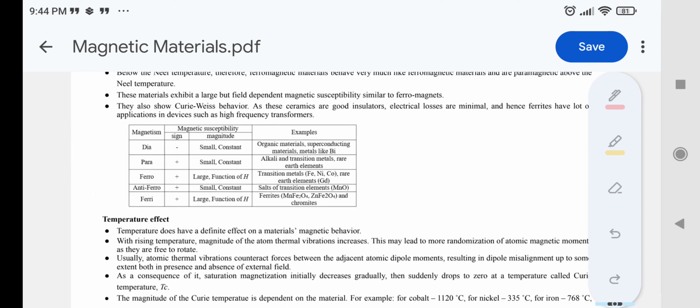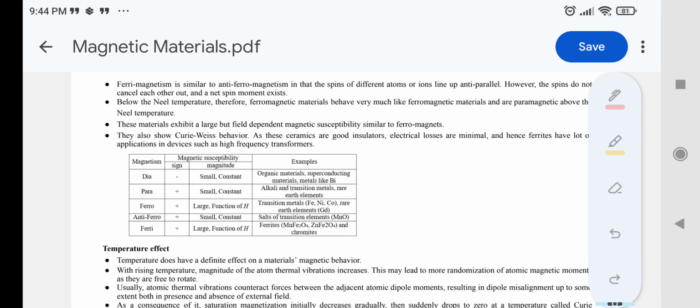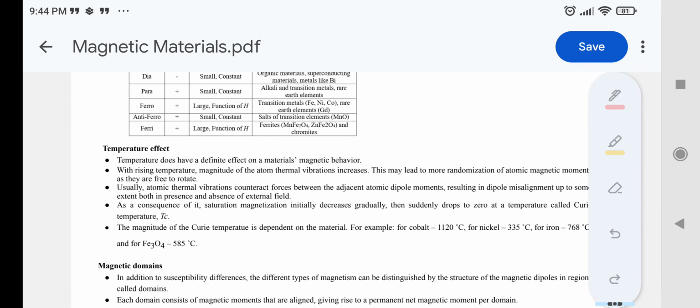Alright, so this table shows a summary of magnetic susceptibility and the types of magnets: paramagnets, ferro, antiferro and ferrimagnets. Right. So generally we use ferromagnetic materials for our machine parts.